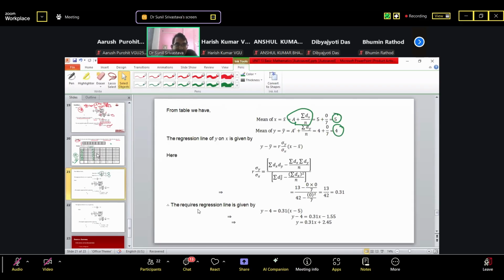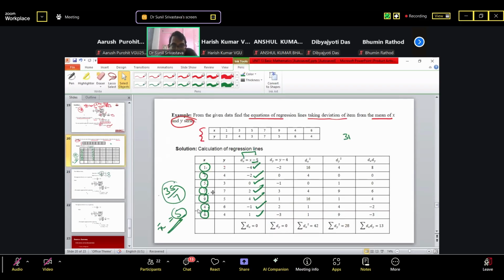We have some mistake in the data of the y series, because the sum should be 28, so that the mean is 4.